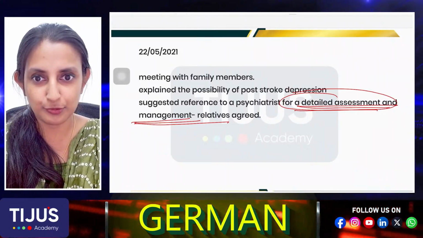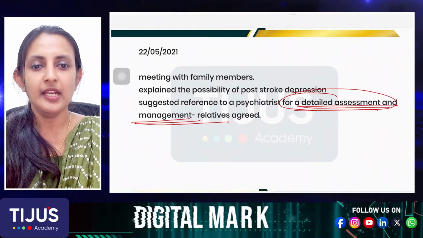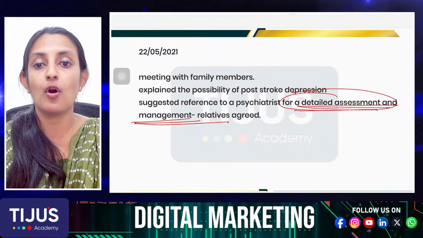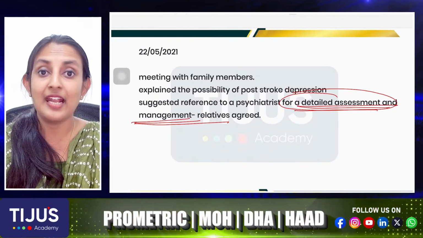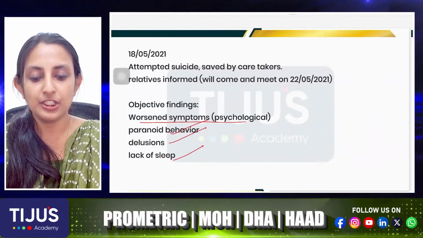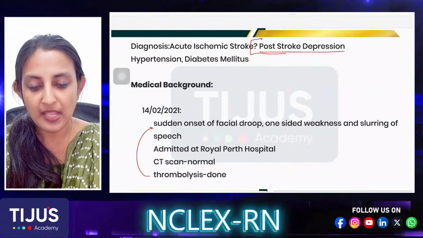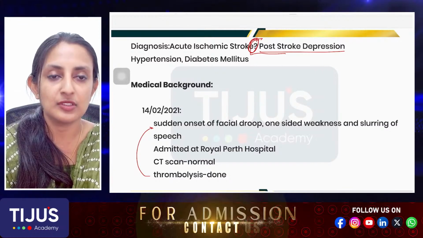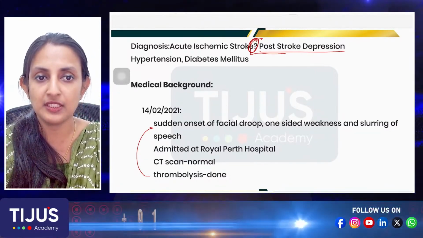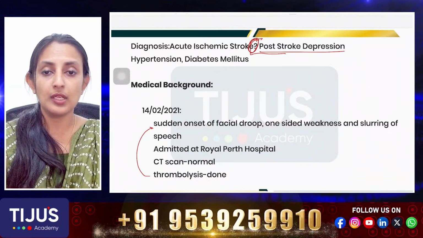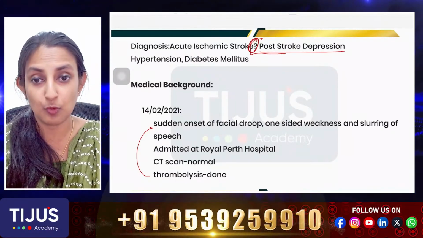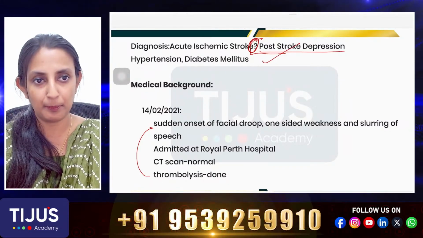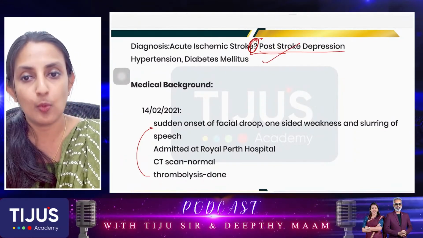Then we are supposed to go with the condition of the patient. Condition of the patient is explain the possibility of post-stroke depression. So നമുക്ക് ഡയഗ്നോസിസിൽ തന്നിട്ടുണ്ട് the patient is having post-stroke depression, that is with a query, ഒരു question mark ആയിട്ടാണ്. So among the diagnosis, acute ischemic stroke, hypertension, diabetes, ഈ പറയുന്ന 3 കാര്യങ്ങൾ ആരും നോക്കില്ല, psychiatrist won't be taking care of. പക്ഷേ the psychiatrist will definitely deal with the depression part, and the depression is mentioned with a query over here.